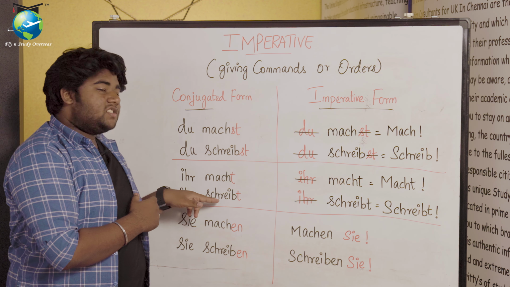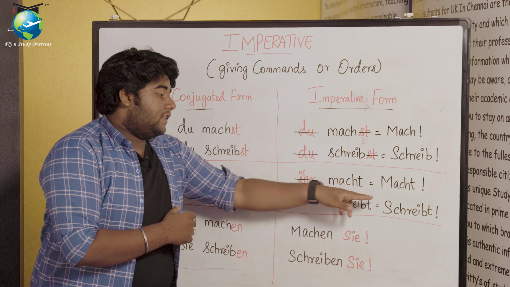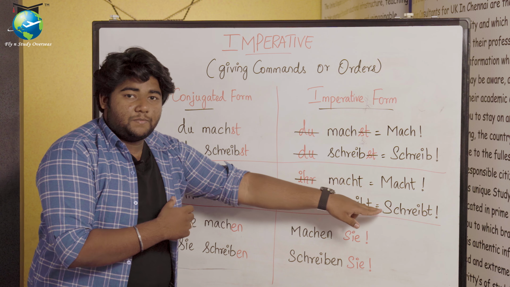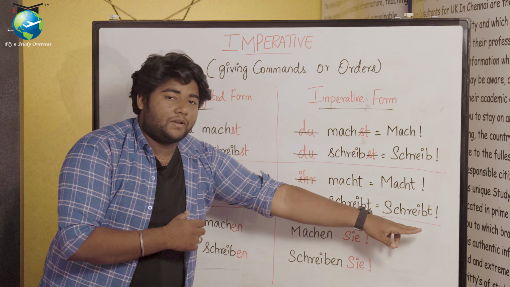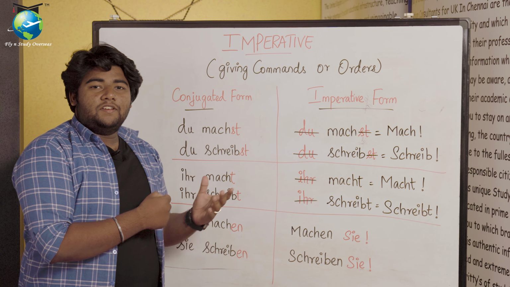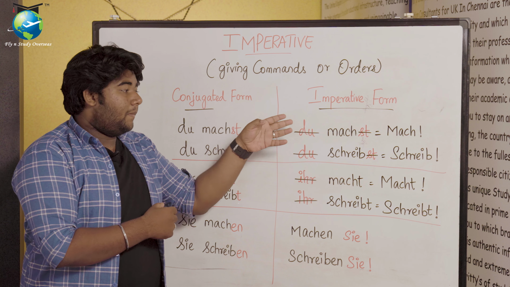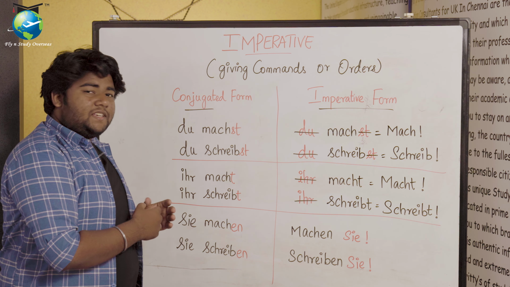For ihr schreibt, you remove only the person, and it goes like schreibt, which means write. So these are the examples for du and ihr, which is you informal and informal plural. Now let us see an example for Sie.